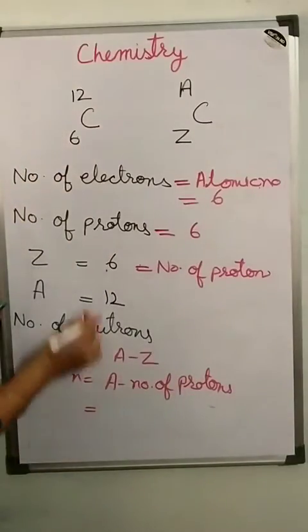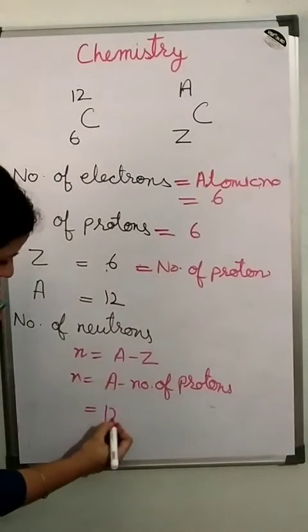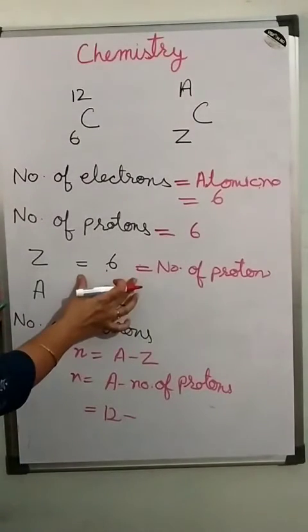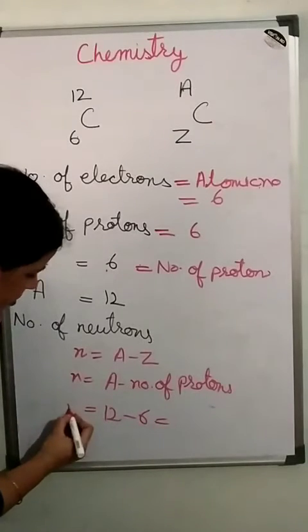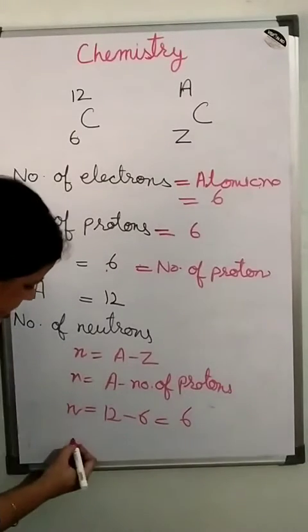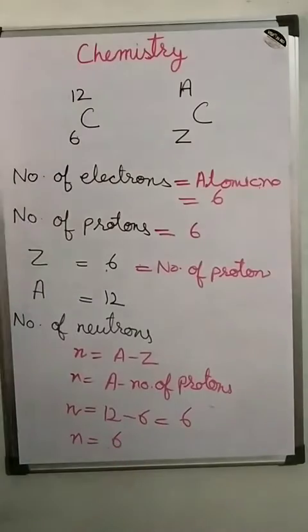From here A is equivalent to 12, it is given to us. So you subtract the number of protons, that is 6, and you will get the number of neutrons. The number of neutrons is again 6. So N is equivalent to 6.